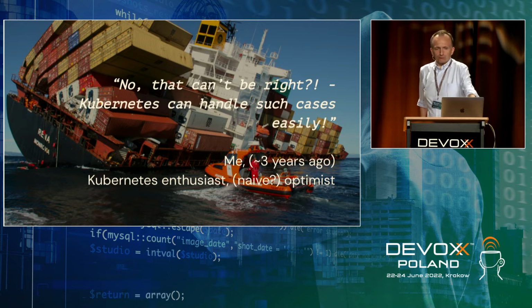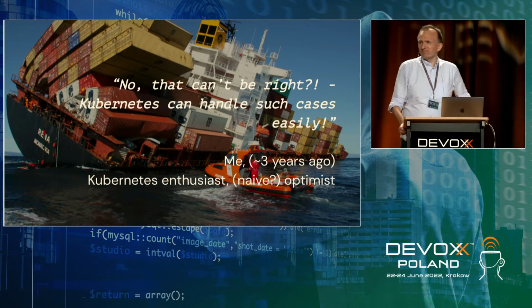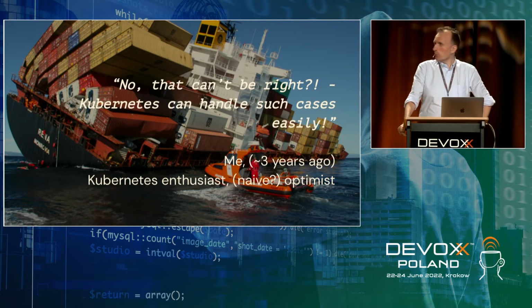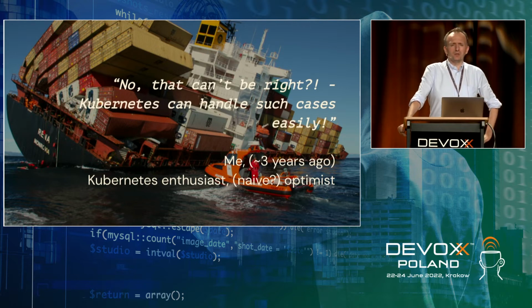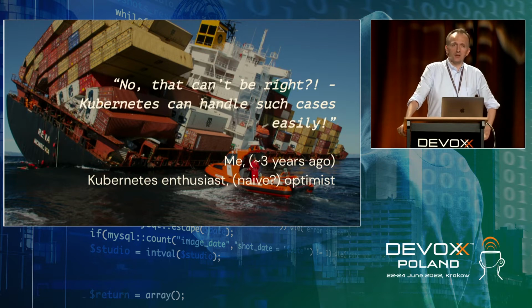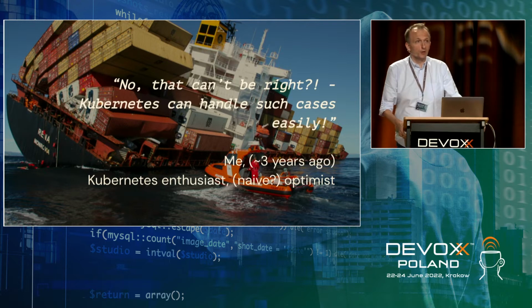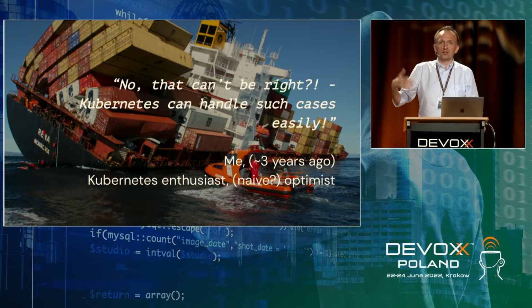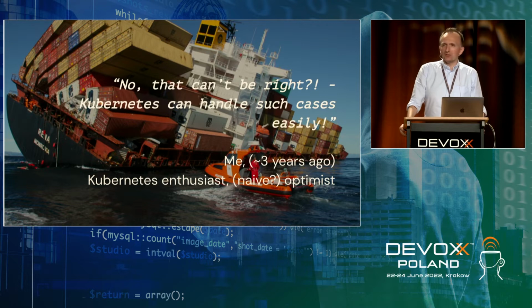I remember it was a couple of years ago, more than 3 years ago now, when I was invited to an internal workshop at DevSkiller. I was invited by its CEO, Kuba Kubriński. Maybe you know, he's a famous Java architect. I was invited to share my experience and to address their doubts regarding Kubernetes, because they were considering Kubernetes as their platform.